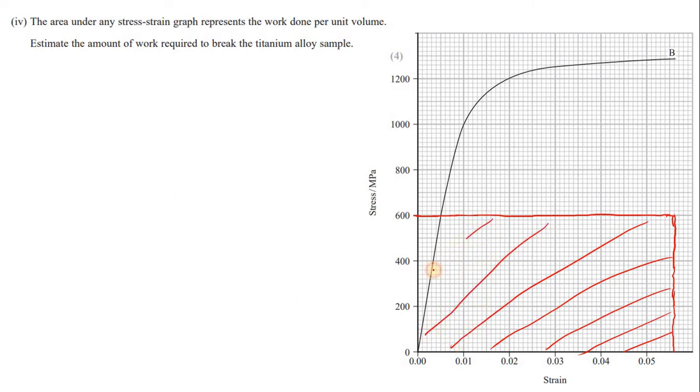You draw a horizontal line till the point B, and then you have a rectangle. I'm sorry, I cannot draw a straight line in this, but it should be a straight line with the help of a ruler. So you see you have a rectangle here. The idea is simple: we need to find the area of this rectangle only.